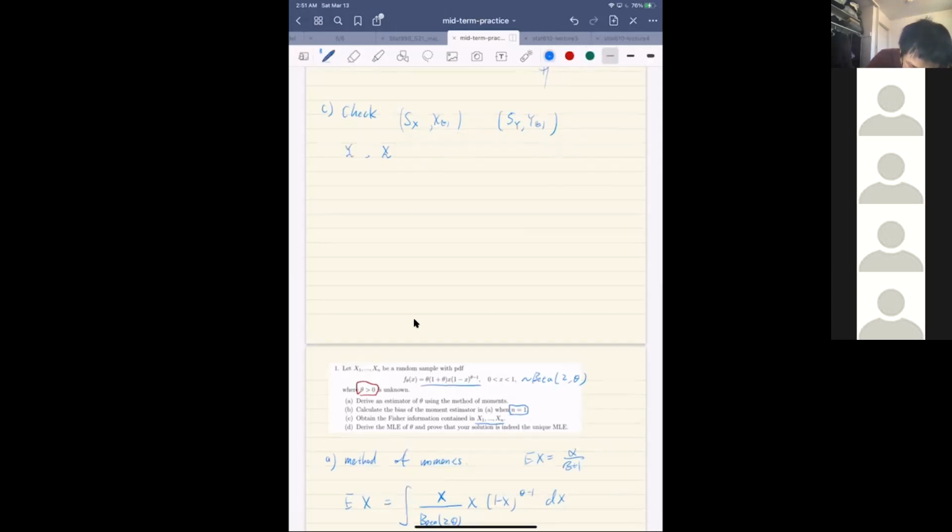So let's find the ratio of density first.